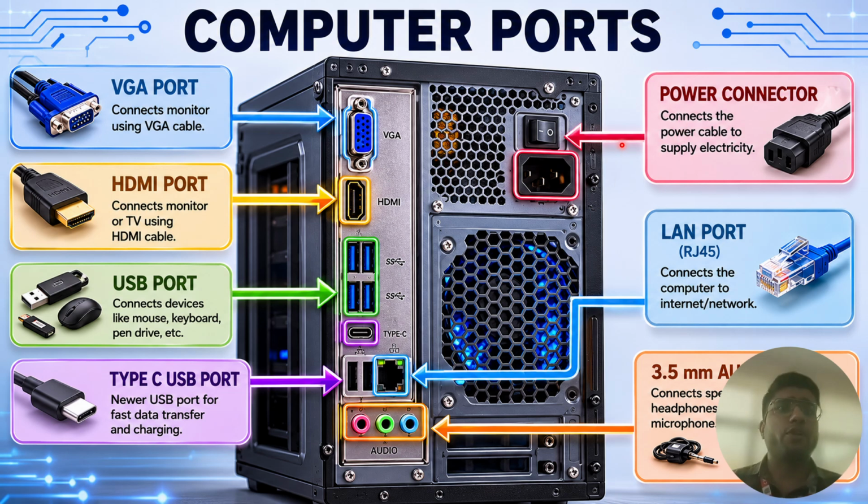It connects computer to electricity. Next, LAN port. LAN port connects the computer to internet using a LAN cable. Next, audio port. Audio port is used to connect headphone, microphone or speaker. Now let's move to next slide.